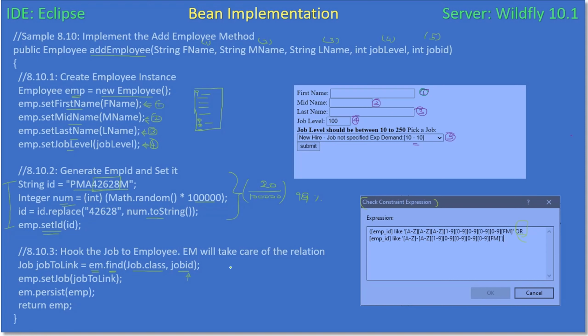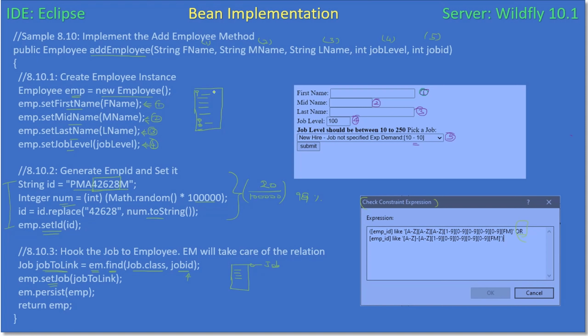So entity manager will find a record and convert that into an entity, or populate the record into the job entity and give it back to the caller. Here we are calling em.find, and it returns the job entity, and we are storing that as job to link.